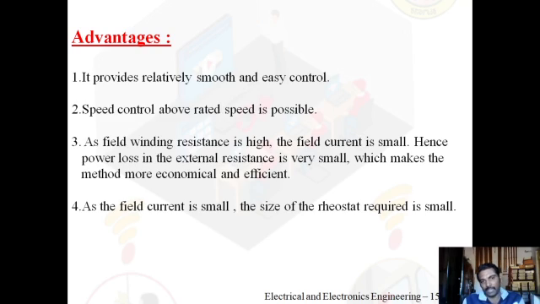The fourth point, as the field current is small, the size of the rheostat required is small. The current which is flowing through the field winding is very less.